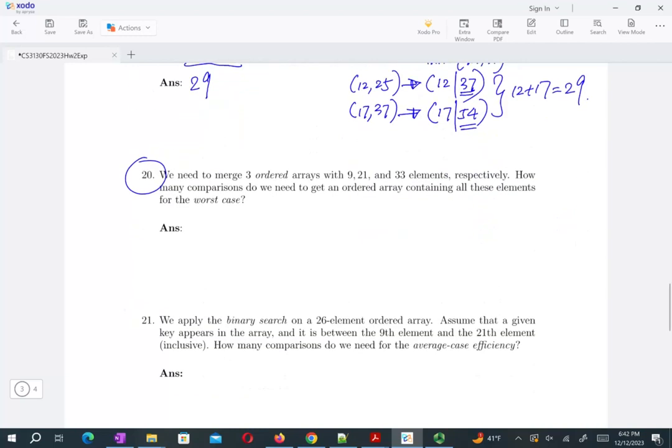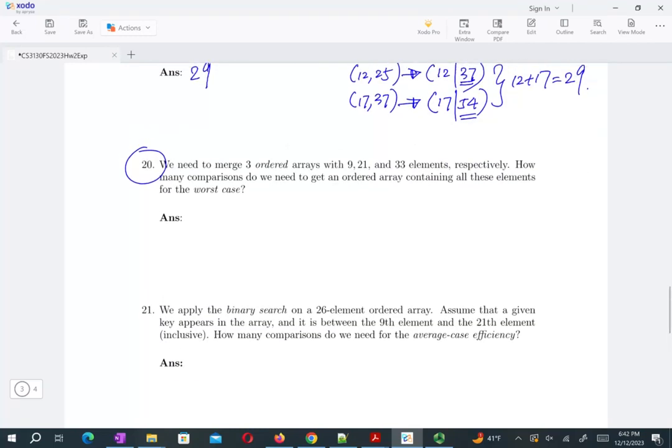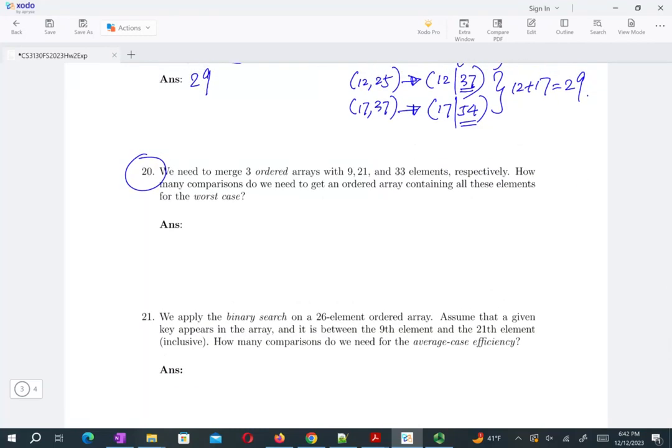For the worst case, there is another big problem I'd like to talk about. Also, three possible ways. First, the formula we use is m plus n minus 1. Most students know the formula and know how to work on those three cases.